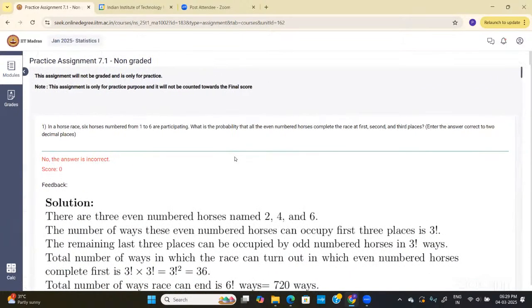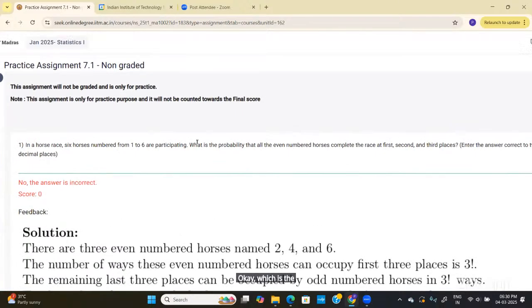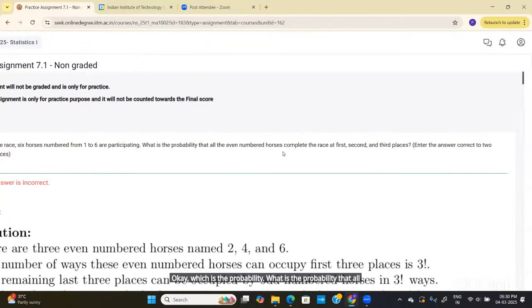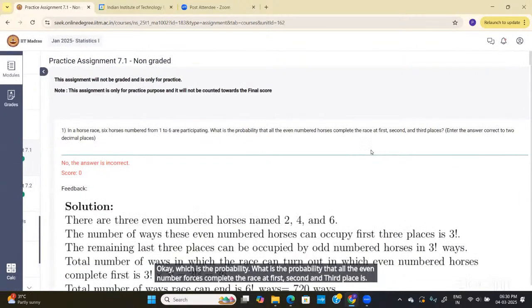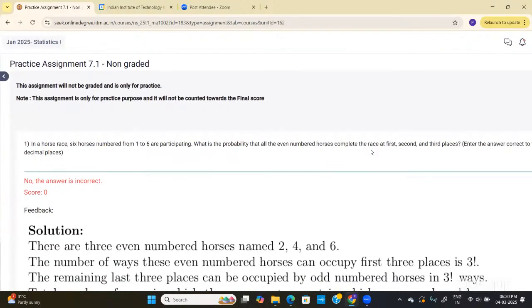Okay, let's start with question number 1. The question is: in a horse race, 6 horses numbered from 1 to 6 are participating. What is the probability that all the even numbered horses complete the race at first, second, and third places? Did you try it first? What will be your approach?